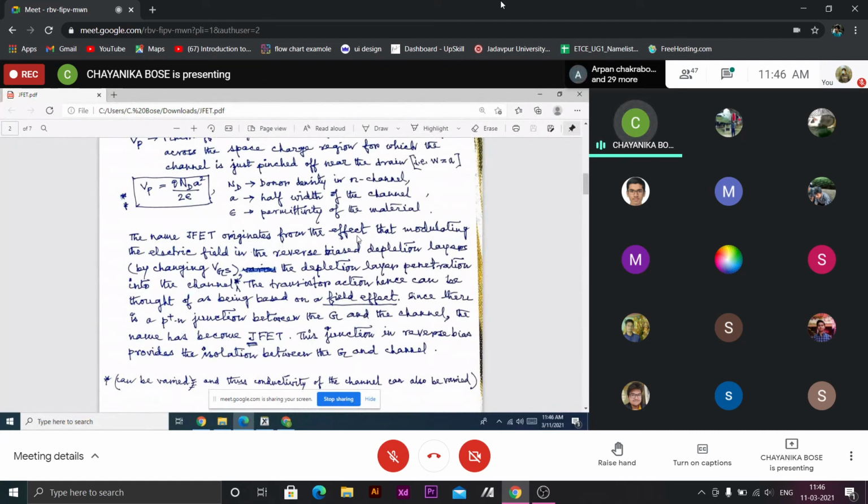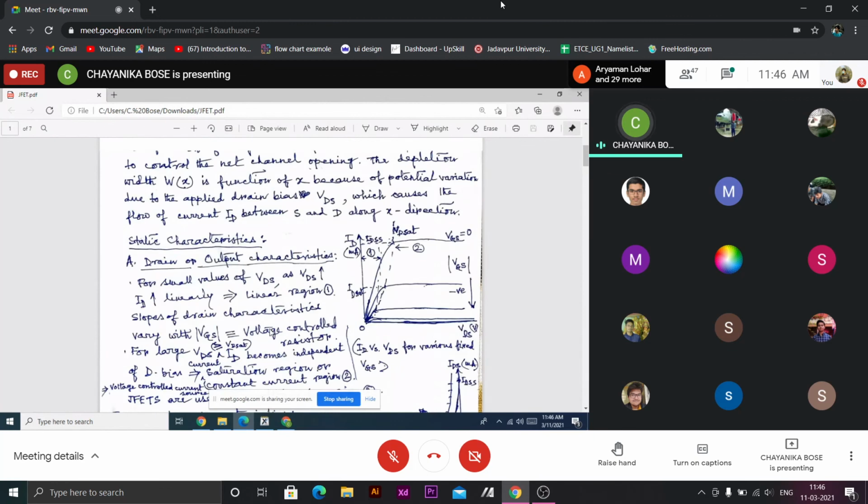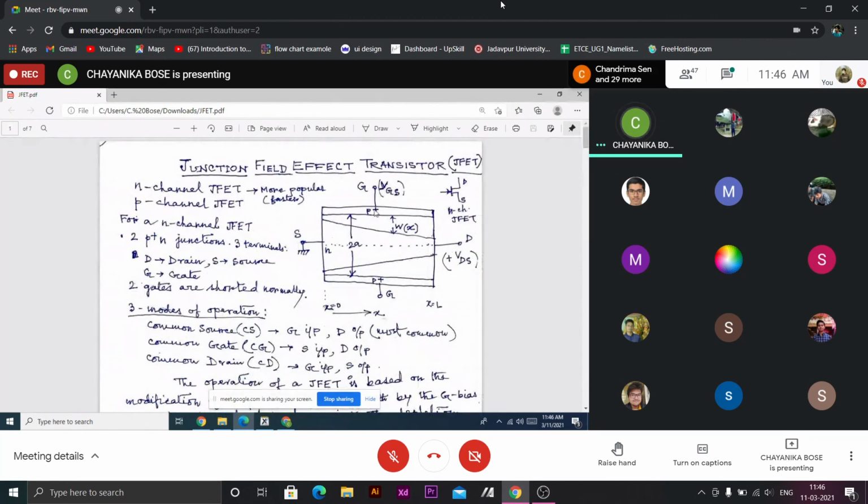The name JFET originates from the effect of modulating the electric field in the reverse bias depletion layers, that means by changing the VGS. When we apply a voltage at the gate terminal, the field is transverse, and it modulates the channel opening.